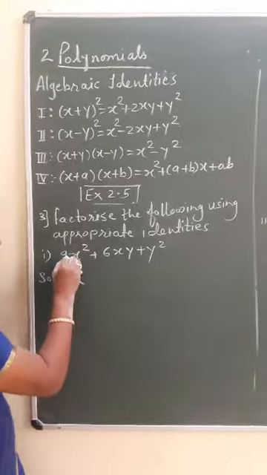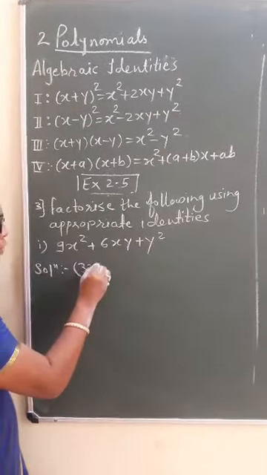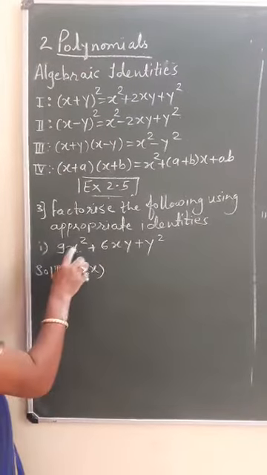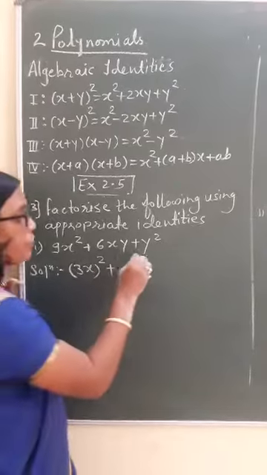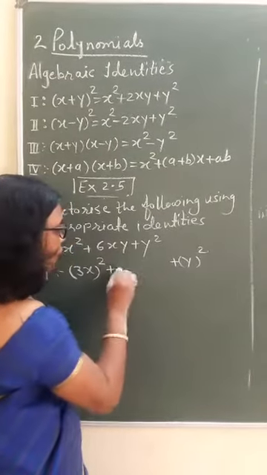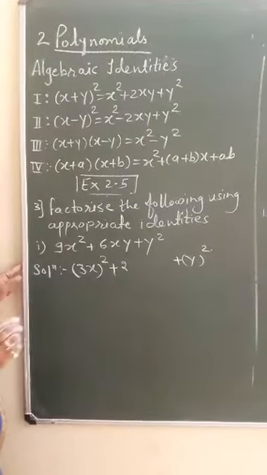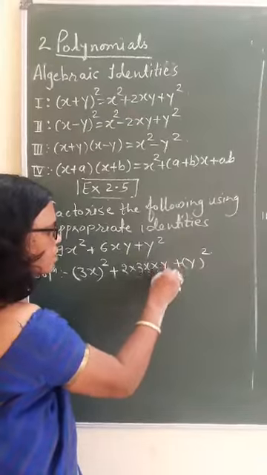Now, do you know 9 is a square of 3 and x square is a square of x. So can we write 9x square as 3x whole square, plus, right? Now y square, can we write it as y whole square? Here we can write 6xy as 2 into first term 3x, second term y.